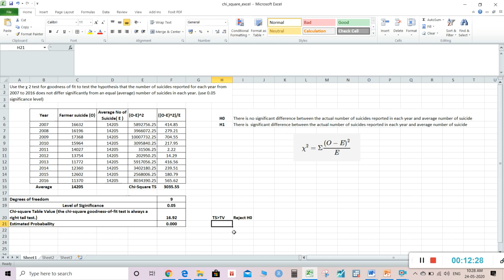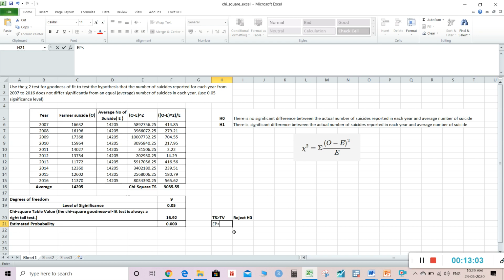Here, of course, your estimated probability is very small, 0.000, and your level of significance is 0.05. So your estimated probability is much lower than the level of significance.